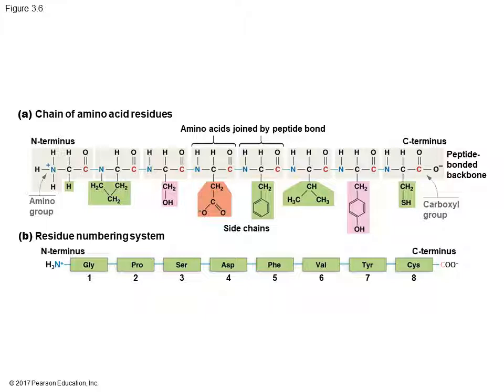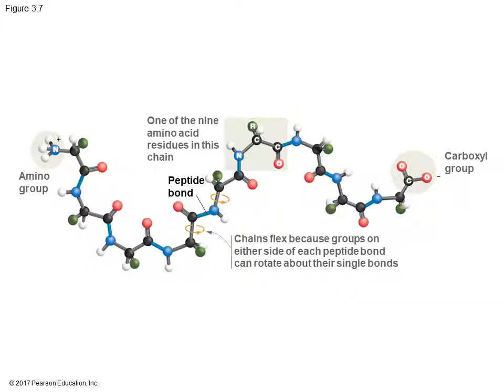I love this diagram. It shows NCC, NCC, NCC, and in between each of the amino acids is a peptide bond. Then you see all the side chains, and they're going to start to interact with one another. One side is the nitrogen terminus, and on the other side is the carbon terminus in the carboxyl group.